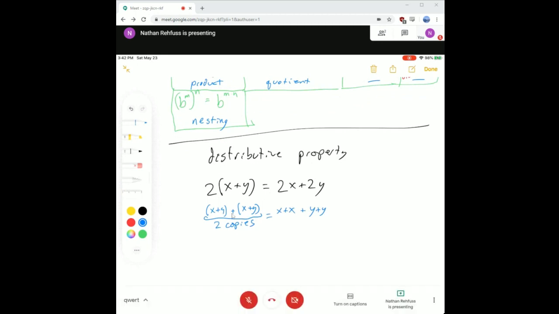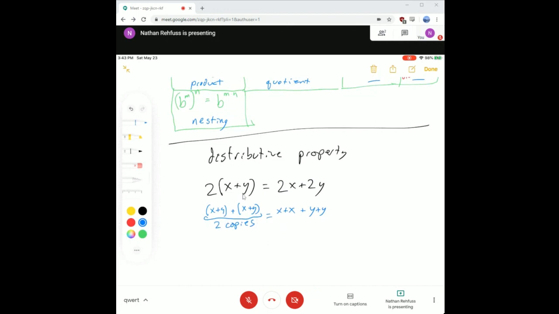I'm using the fact that addition is commutative. I can take the 2 copies of x and write them down first, the 2 copies of y and write them down second. And the answer doesn't change, even though I rearranged the order of the addends. So I have 2 copies of x, that's 2x, 2 copies of y, that's 2y. There was nothing special about 2, this would be 3 or 4 or 10. That's the distributive property, and this is why it works.